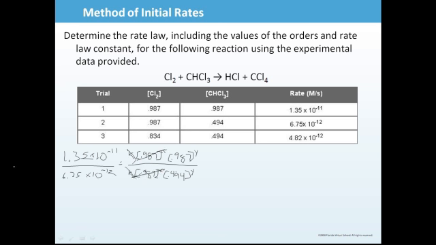On the left side, we have 1.35 times 10 to the negative 11 divided by 6.75 times 10 to the negative 12, and that gives us a 2.